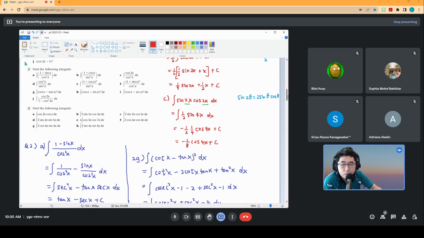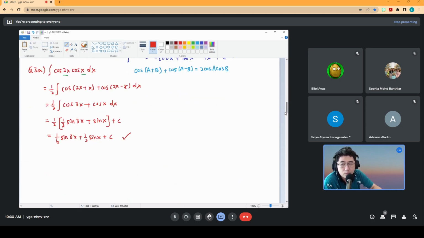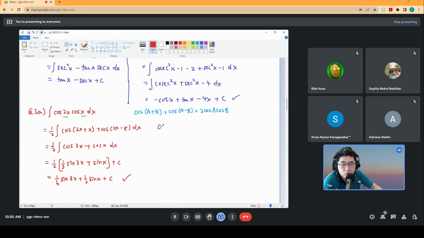Let's say we have question 3F. Integrate of 2 cos 4x cos 4x.